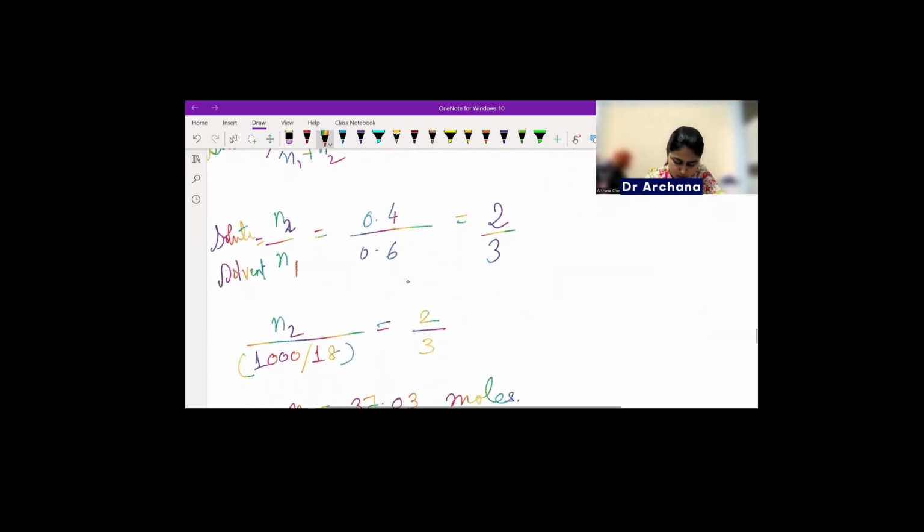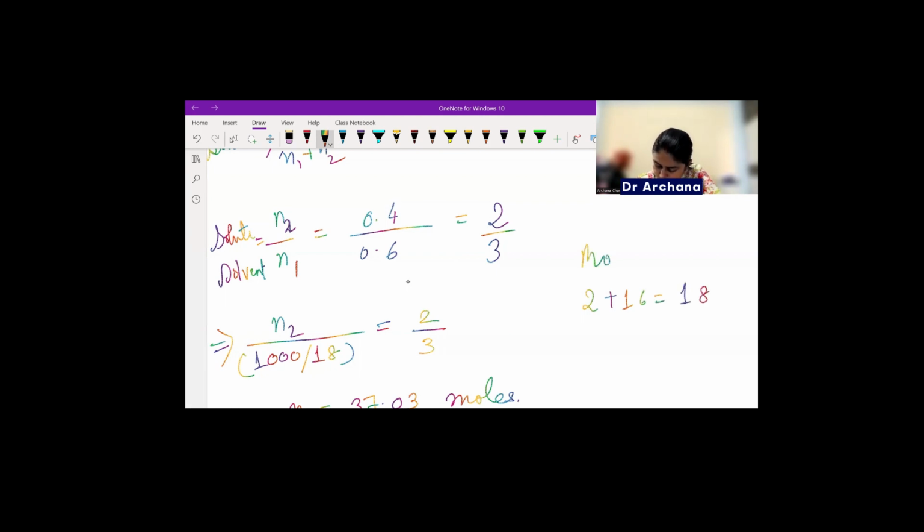Now, in this equation, we are very well aware of the molecular mass of water, which is nothing but 18: 2 for H2 and oxygen is 16. So 2 plus 16 will be equal to 18.